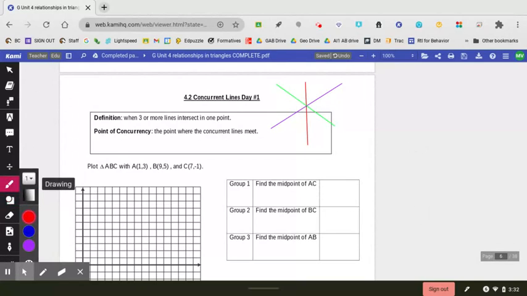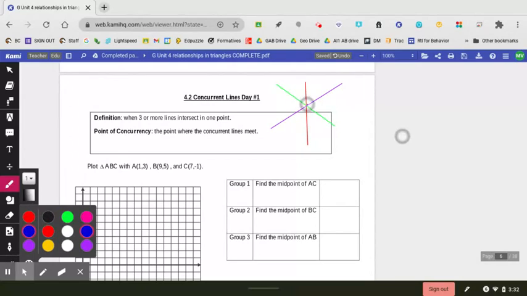Oops, it's not blue, it's red. All right, I brought it back at this blue point here, which is the point of concurrency. So that's what concurrent means.